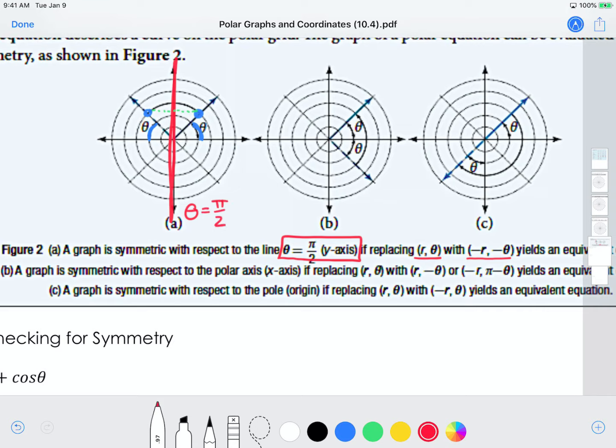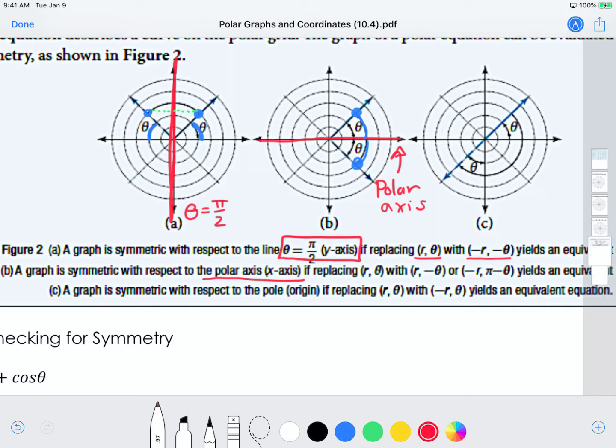If we're checking for symmetry with respect to what we think of as the x-axis, that is actually called the polar axis, and that is this axis here. So this is the polar axis. So if we swing open an angle in the positive direction, and then we swing open the same angle but in the negative direction, and we get that same point, then we have symmetry with respect to the polar axis.